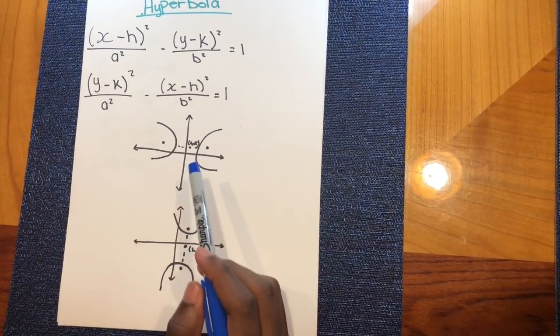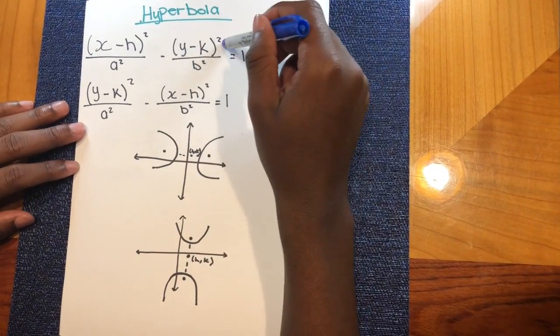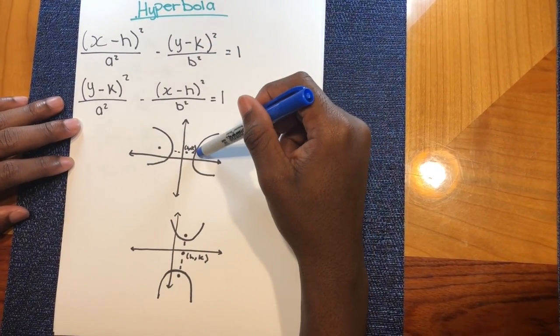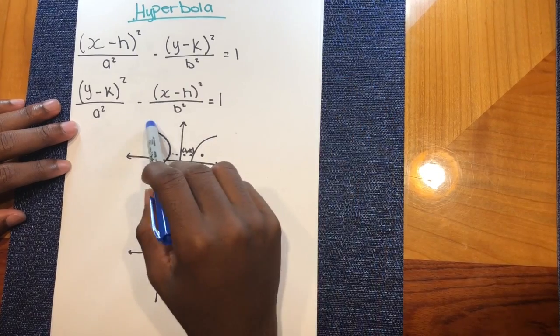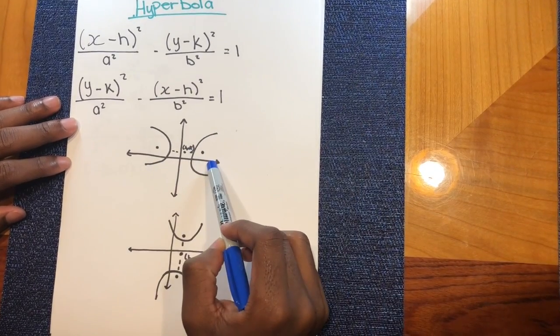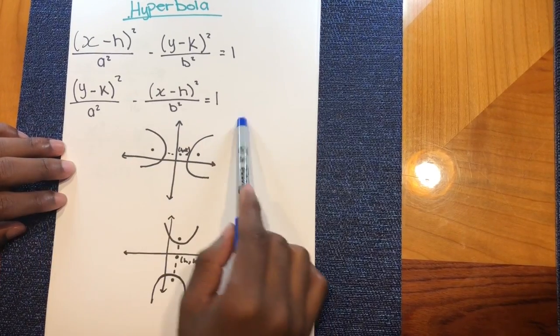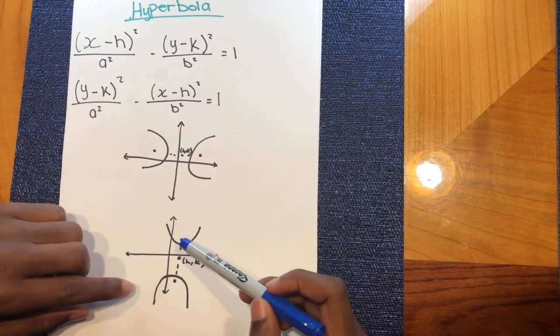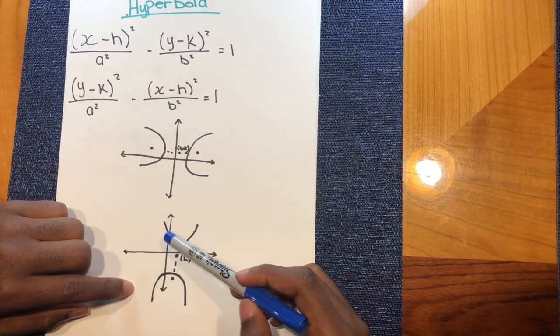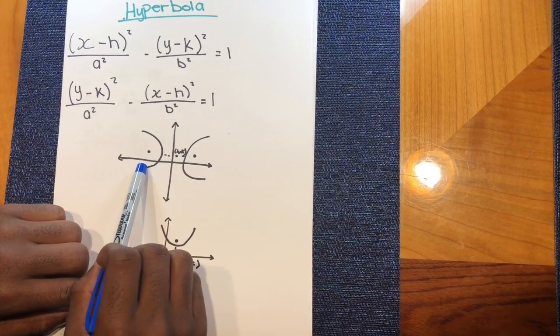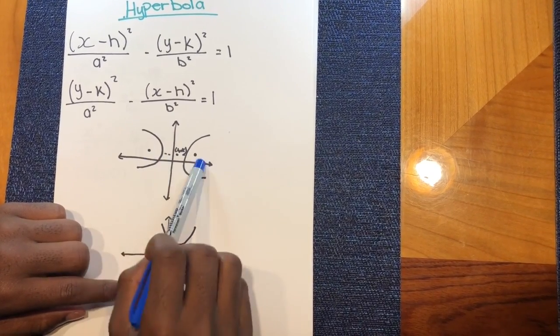When we're talking about our first parent function, we're looking at a graph like this, where the two hyperbolas are facing opposite ends, and the second parent function is when the two hyperbolas are facing opposite ends, but this time up and down, compared to this one, which is facing left to right.